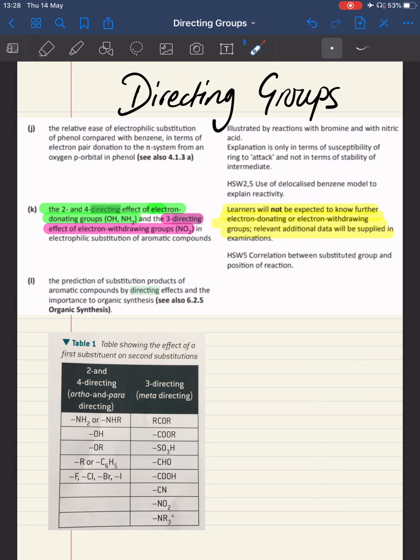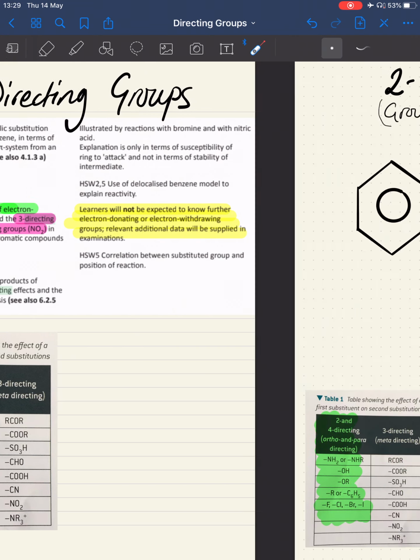You're going to then be expected to be able to apply it if you're given some new information. So for example, here we've got the NO2. We know that that's going to be 3 directing, but you'll get given additional information like all of this and be expected to apply it in the same way. So let's get into it.